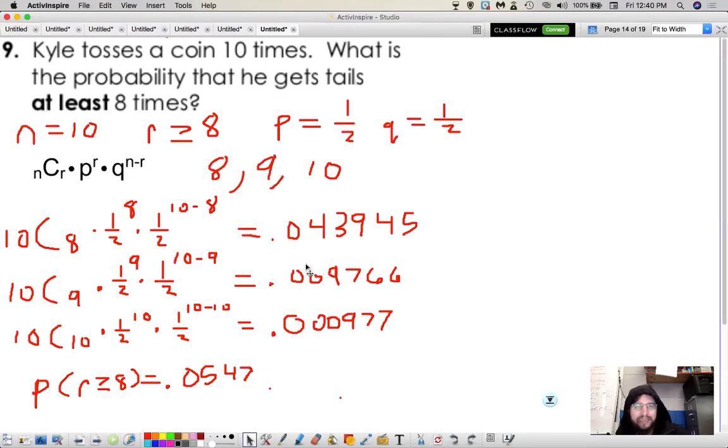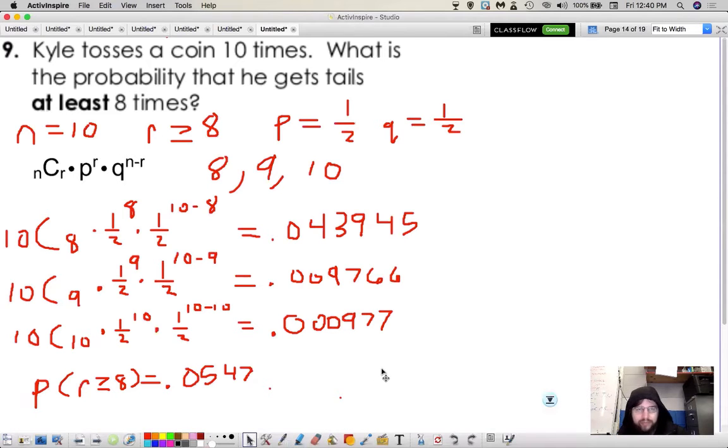Notice I did each of these individual ones to 6 decimal places instead of 4. I wanted a couple extra decimal places so that when I add them up and round, I wouldn't have a double rounding error. So if you're rounding to 4 decimal places, take your intermediate answers out a couple more decimal places at least. That way you'll be safe with the rounding at the end.